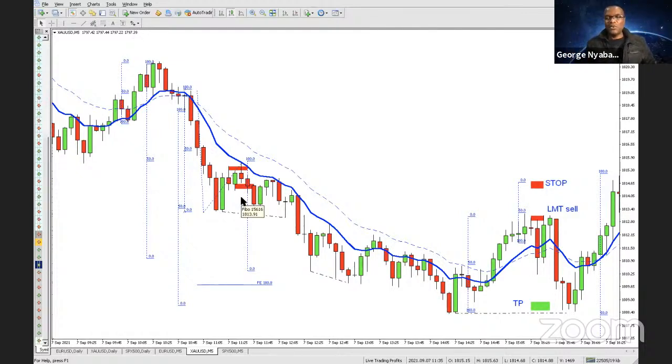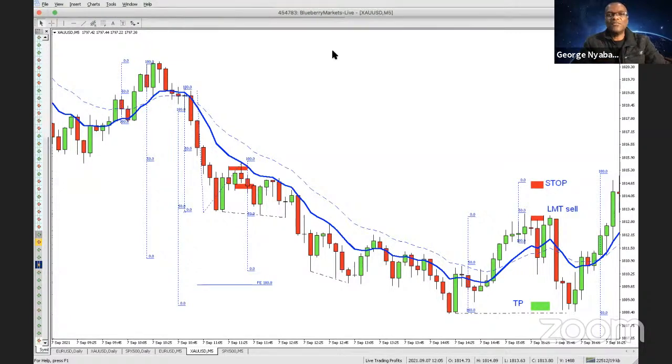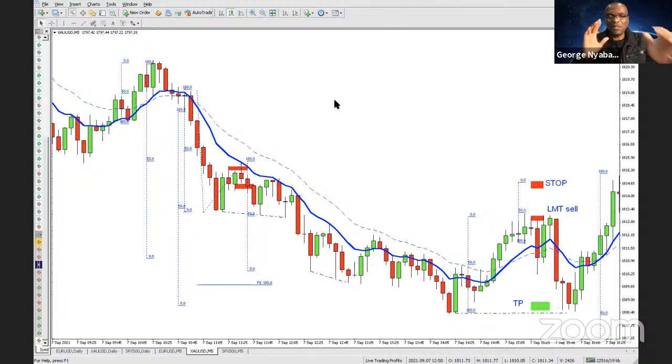So as we go forward, I'll show a lot more limit order trades, which I've typically just left out, because if you were to ask me, George, where do I start? You've got to start with stop order entries. You've got to start with the stop order entry that says, if I'm going long, and I see my setup, I'm going to put the order a couple of pips above that green candle, that bull candle.